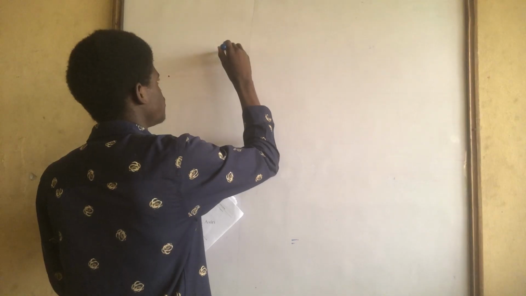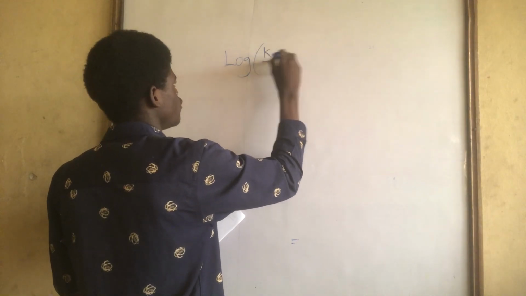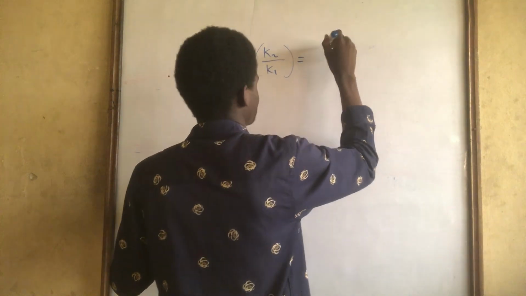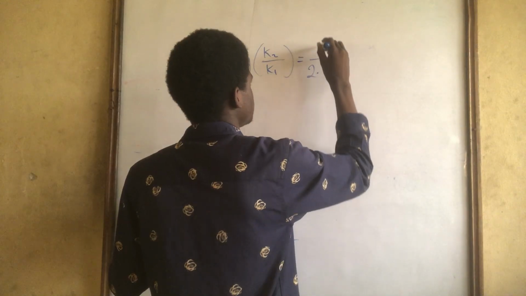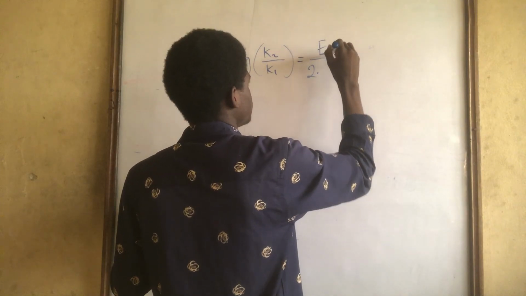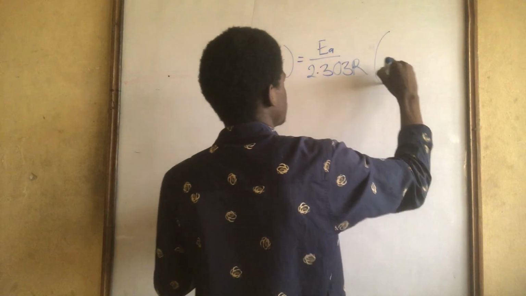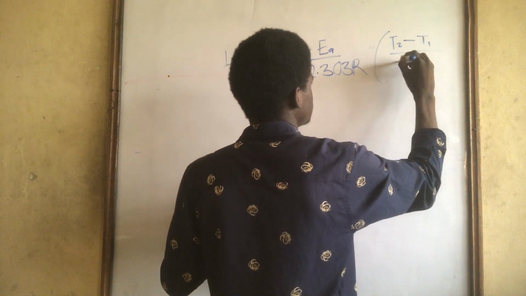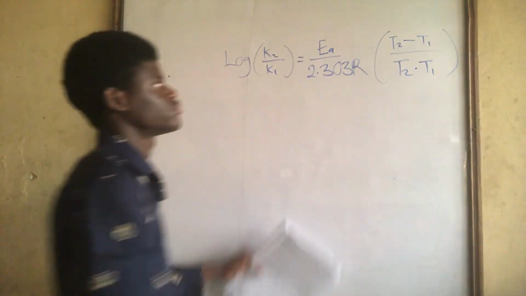So the formula is log K2 over K1 is equal to EA, the activation energy, over 2.303 R, times bracket T2 minus T1 over T2 times T1.